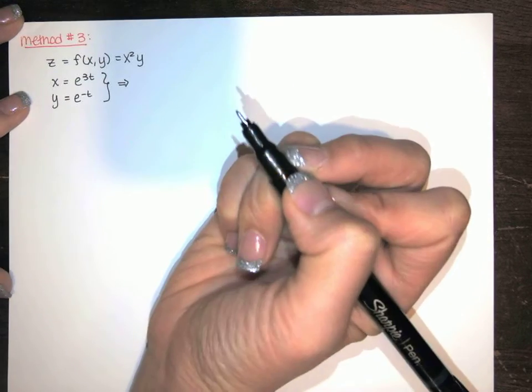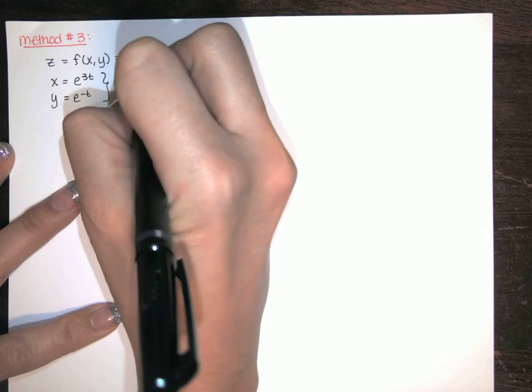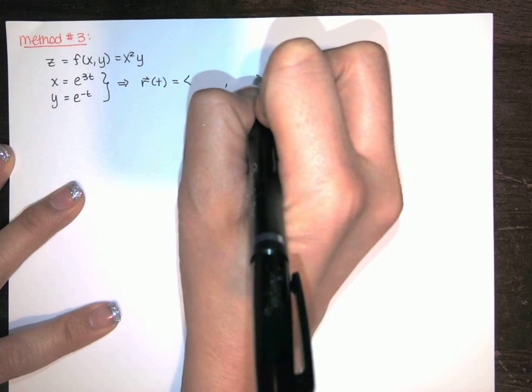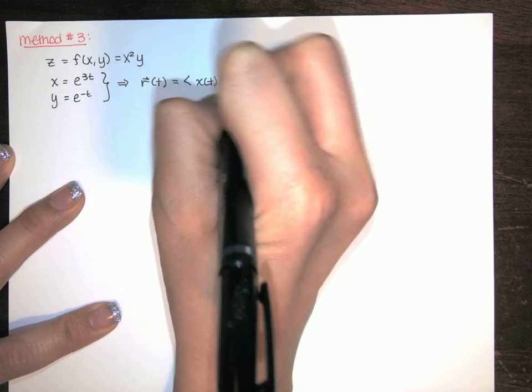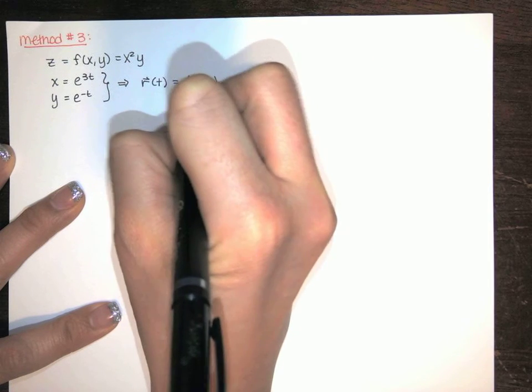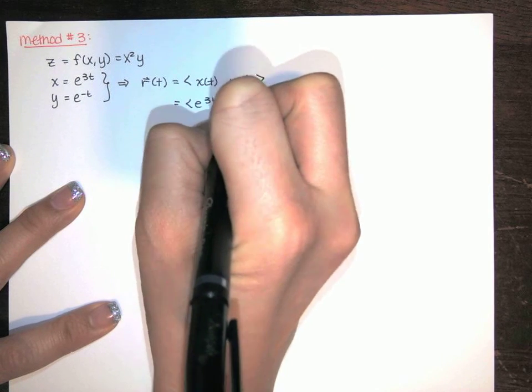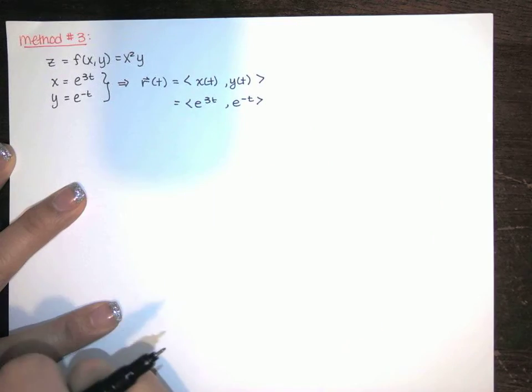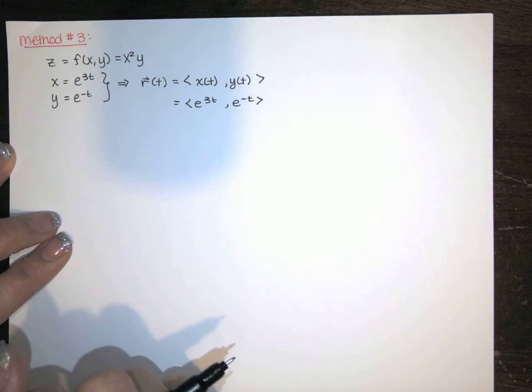And when we use this version of the chain rule, we'll use x of t and y of t as the components of r of t. So x is e to the 3t, and y is e to the negative t. And those are the 2 components of some vector valued function r of t.